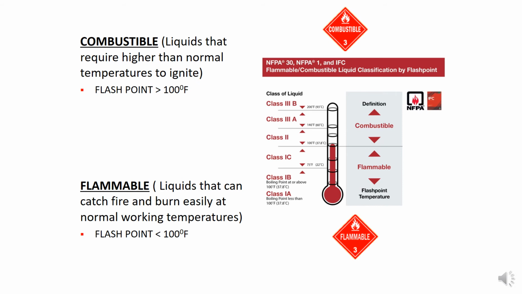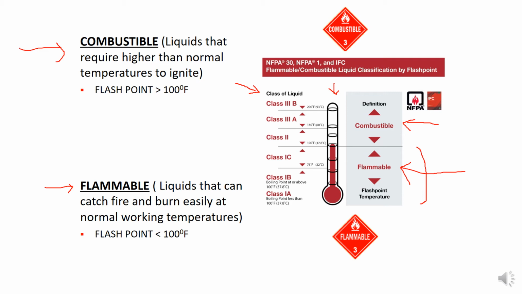And then come combustibles as well as flammables. If you have a look at this diagram on your right side, these are the flammables and the upper one is combustible, and this is the thermometer showing different temperatures, and here you can see there are different classes of liquids. The flammables are those chemicals that can catch fire and burn easily at normal working temperatures.